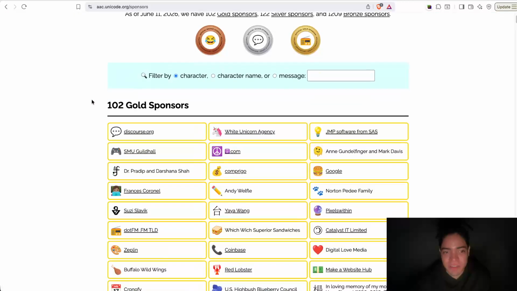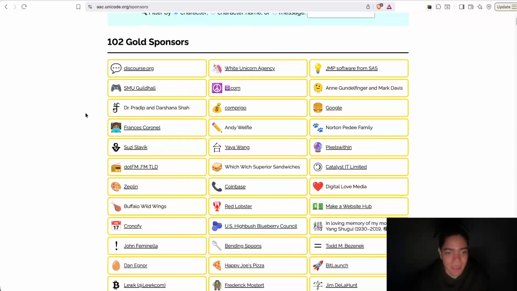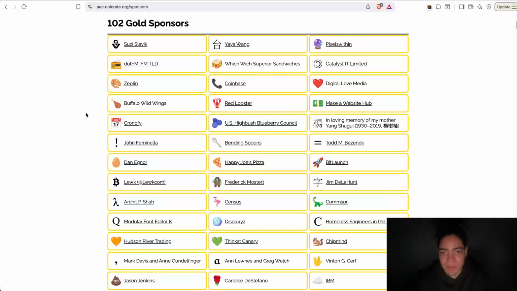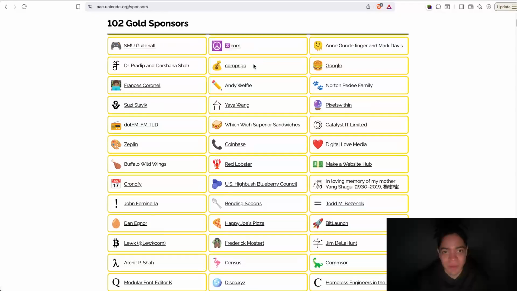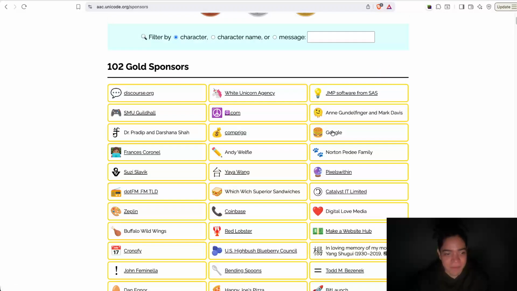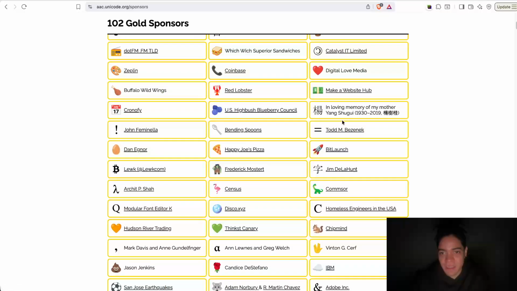Anyway, I say that this is laughable because, well, who sponsored you? Interesting. The Unicode now has sponsors, all of these agencies or organizations, as you like to call them. So Google, Comprigo, Discourse, GP Softwares, Chronopoly, Danger, BitLaunch, Coinbase. Not surprised that Coinbase is here. Design Google Font, Pixel Width, Digital Love Media, make a website hub.